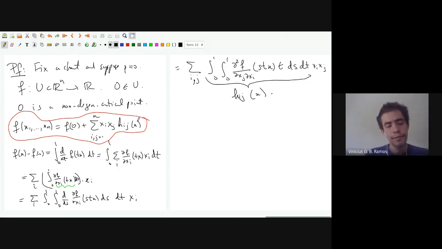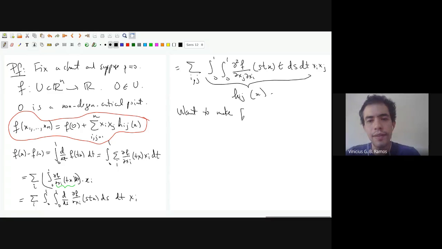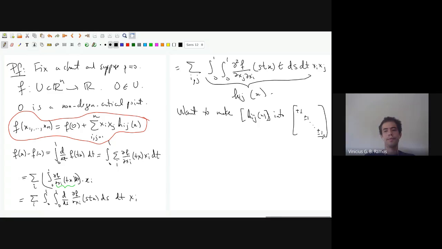So we want to make the matrix hij into something like this, plus or minus 1, plus or minus 1, etc., plus or minus 1. That's what we want to do. And we can.